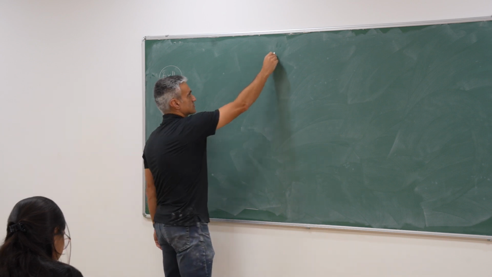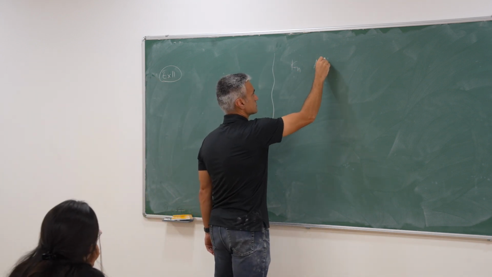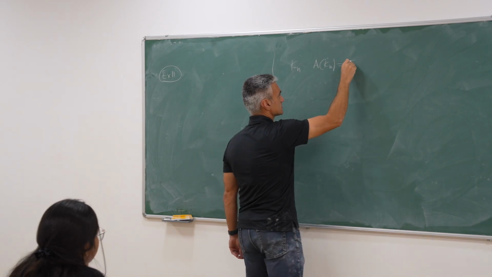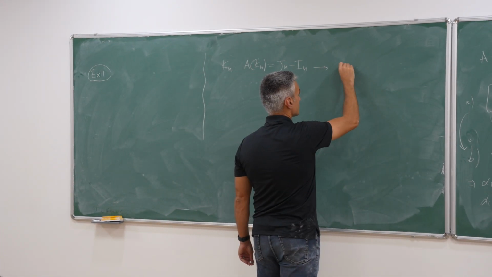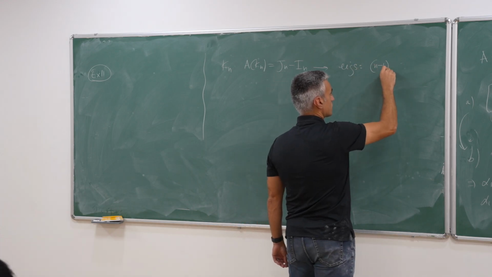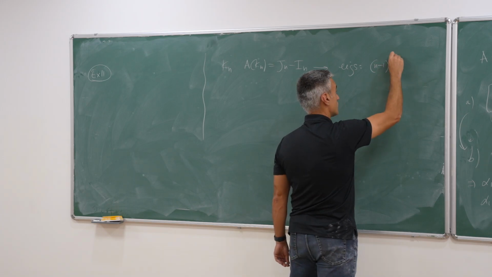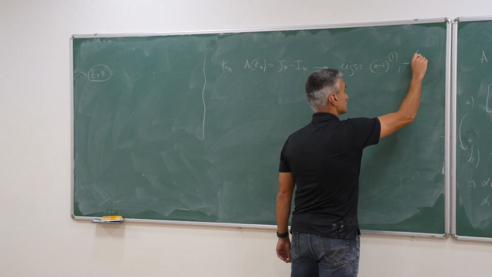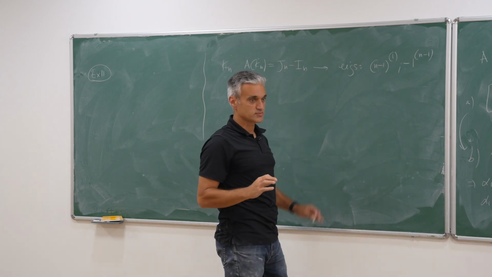Before I give you exercise 11, let's do some. Okay, so for the complete graph Kn, the adjacency matrix of Kn is Jn minus In. The eigenvalues are n minus 1 with multiplicity 1, and minus 1 with multiplicity n minus 1. So this is the same kind of notation as before, with multiplicity as exponents.